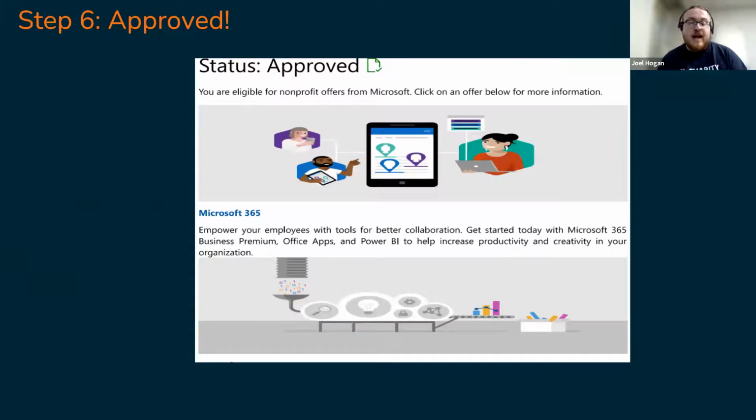Okay, and you'll receive a second email eventually. Remember, keep an eye on that junk folder just in case. You'll receive an email that will look like this, with your status saying you're approved, which is great. That means you're eligible, and it's quite a long email with various offers from Microsoft. Like you see there, Microsoft 365 is mentioned.